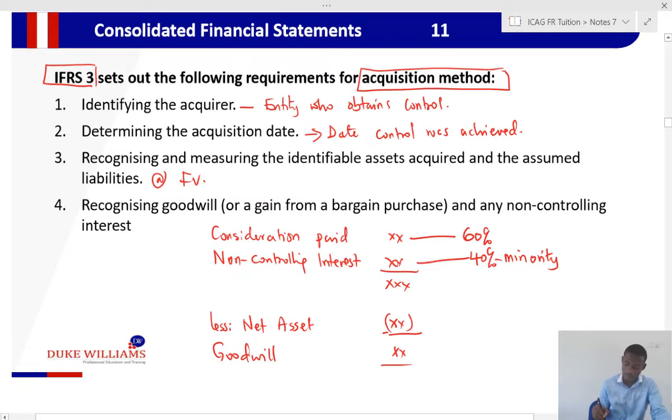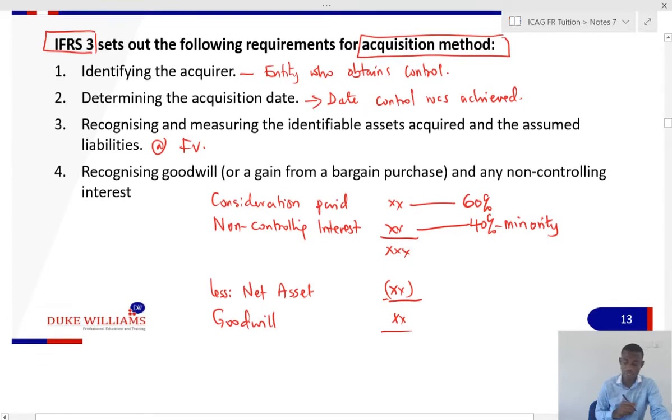Now, it's also possible that, for instance, if we have 1,000 here, and the net asset is 800, then we have 200 goodwill. It's possible that the value of the business could be less than the net assets.